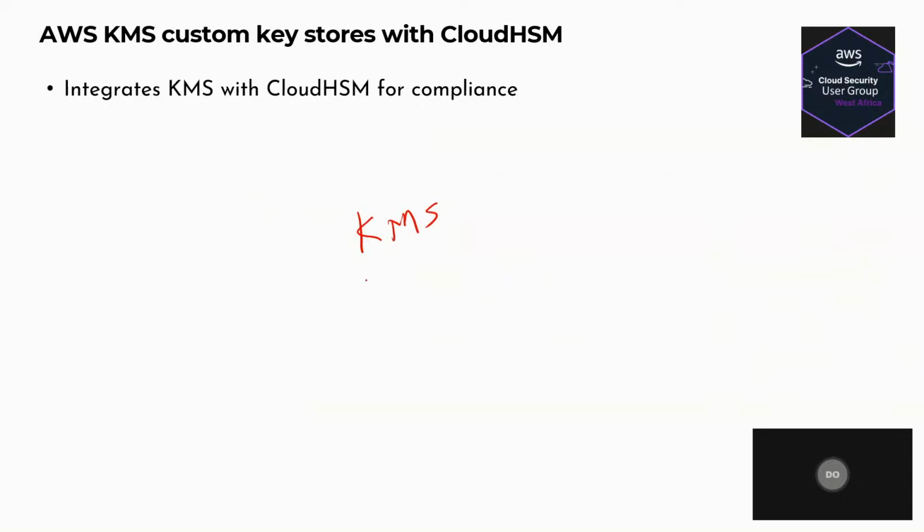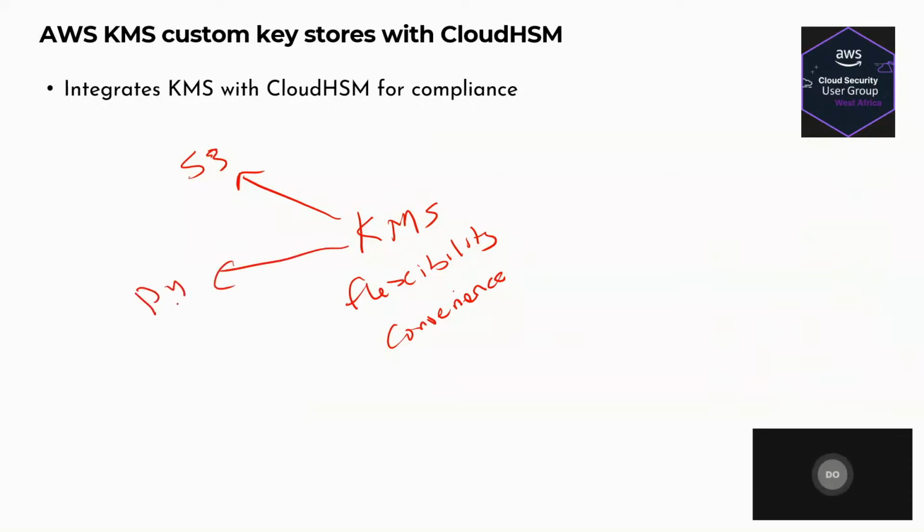Like the question that was asked earlier, KMS has integration with all these services like S3, DynamoDB, and so on. So I want this flexibility. However, I also want the higher compliance level that Cloud HSM gives to me.